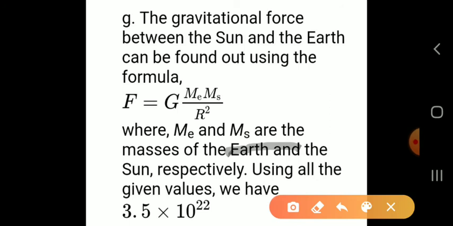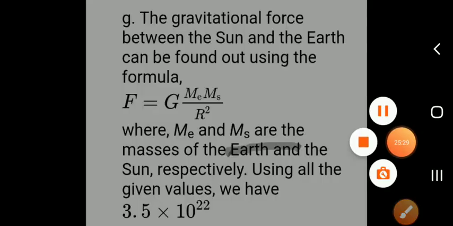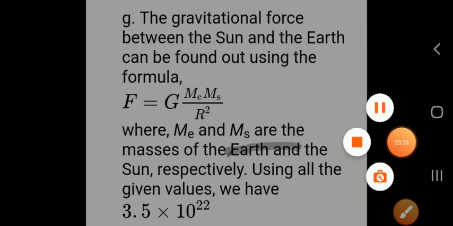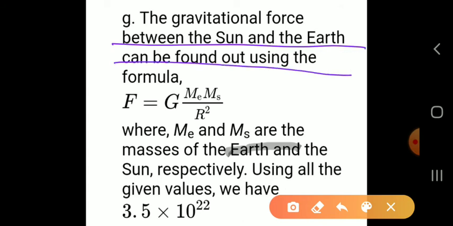The gravitational force between the sun and the earth can be found out using the formula F is equal to G into ME MS upon R square.